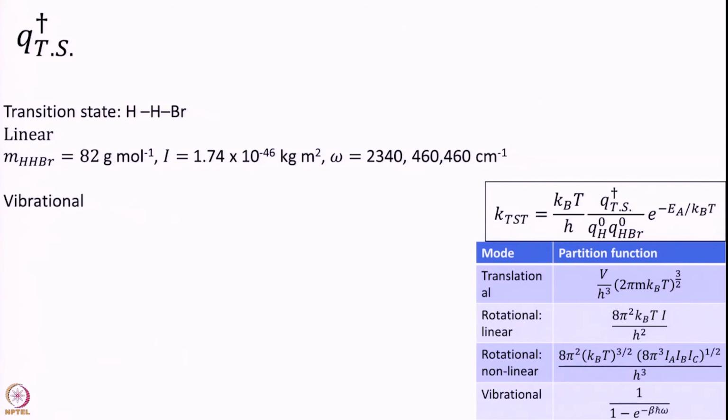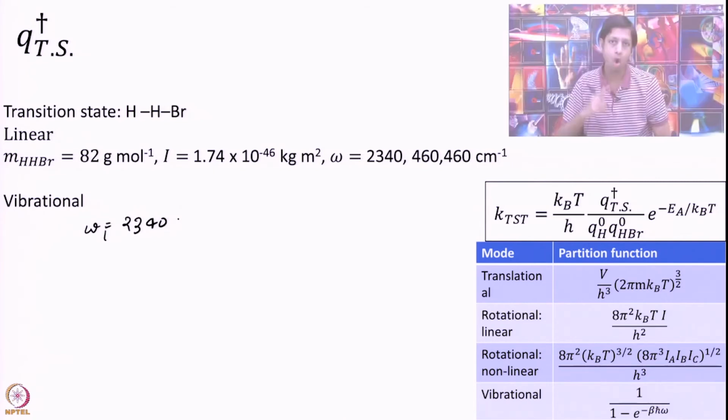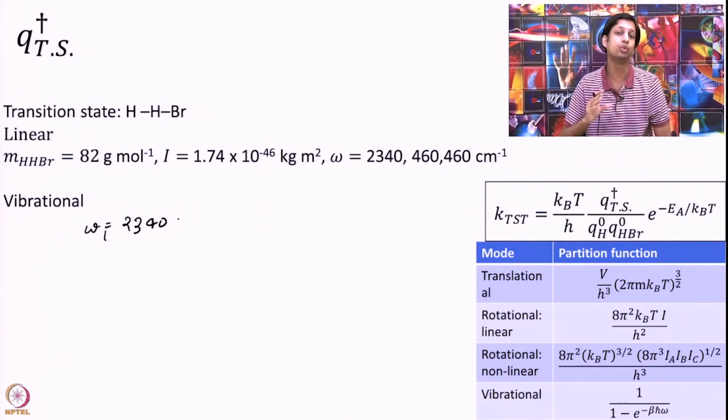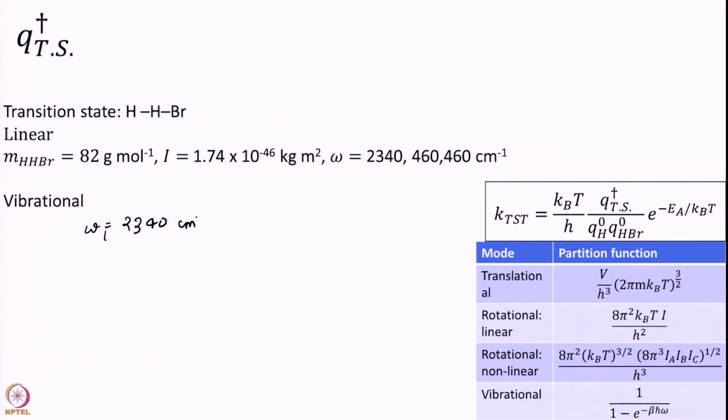Vibration, I will need the frequencies. So, the frequencies note are provided in wave numbers. What we need again are all units in SI units, all quantities in SI units. So, I have to go from centimeter inverse to second inverse, frequencies units are second inverse.